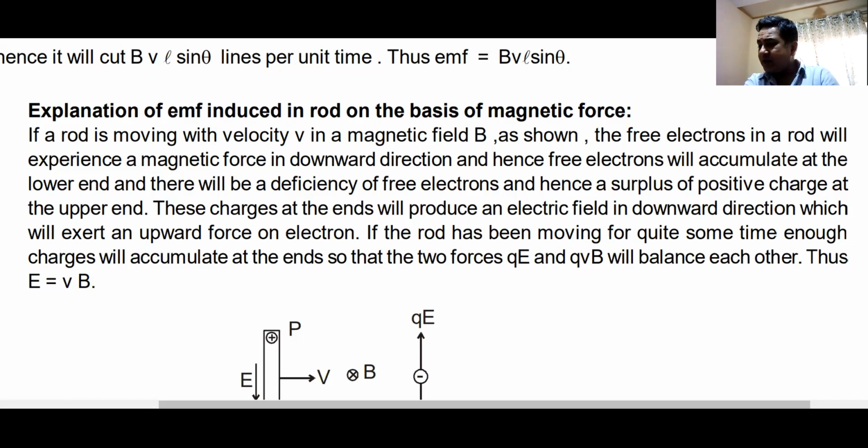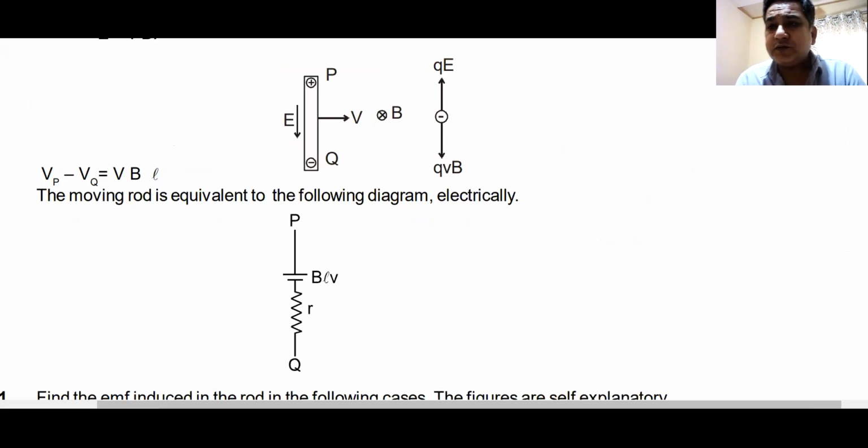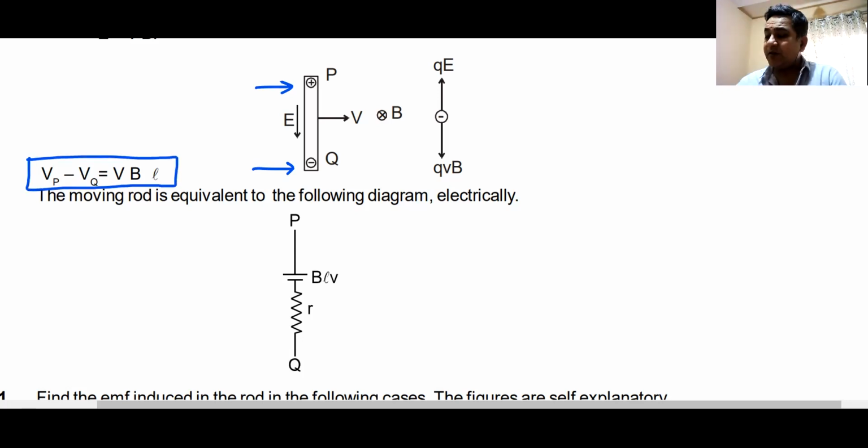Whenever you have a conductor moving inside a magnetic field, it is nothing but a large number of charges which are moving, and because of the magnetic force V cross B, positive charges move towards one end and negative charges move towards the other end, and hence we have a potential difference, which we have seen is VBL.